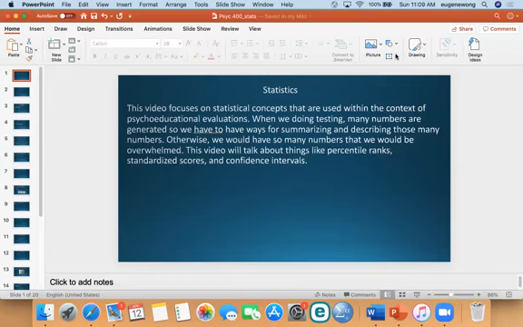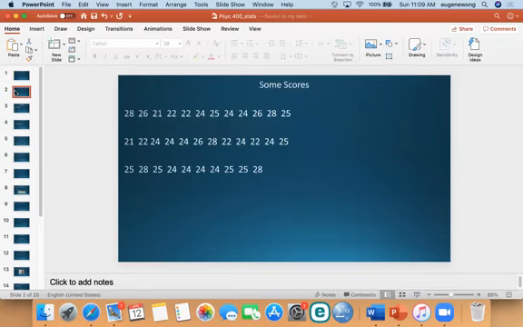Let's start with just a set of numbers. Let's assume that we have a set of numbers like these here. These numbers could come from some tests that we've administered, and we just have a bunch of scores.